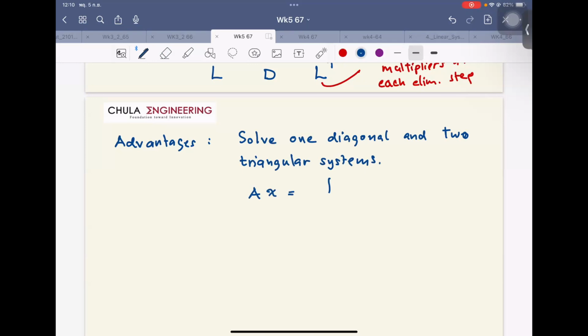From AX equal to B, we have LDL transpose X equal to B. You may define L transpose X as Y. Vector Y, okay, and vector Z. So we first solve LZ equal to B for Z.